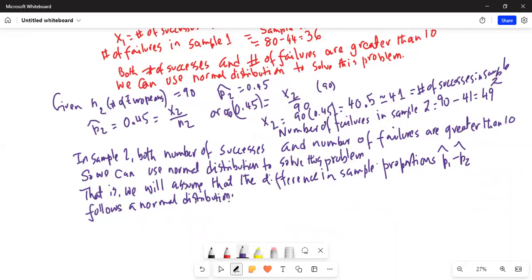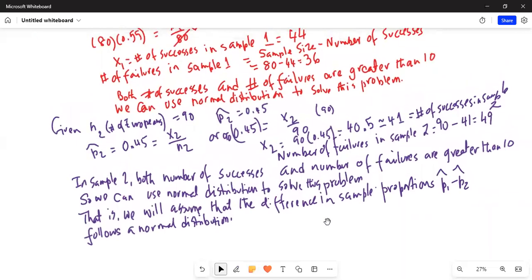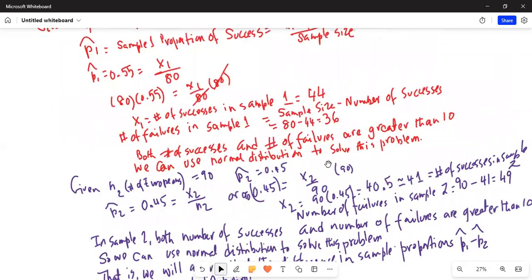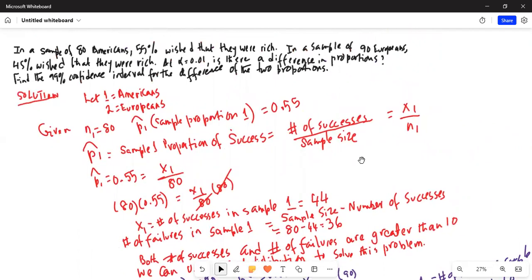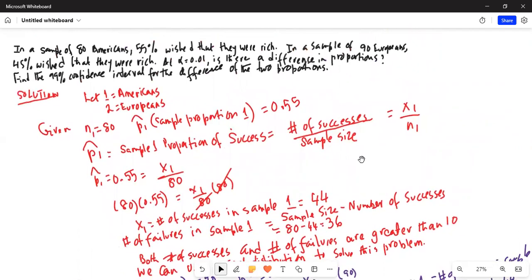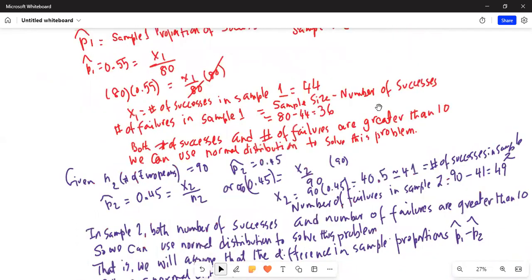Okay, let's look at the problem again. At alpha equal to 0.01, is there a difference in the proportions? That is the question.